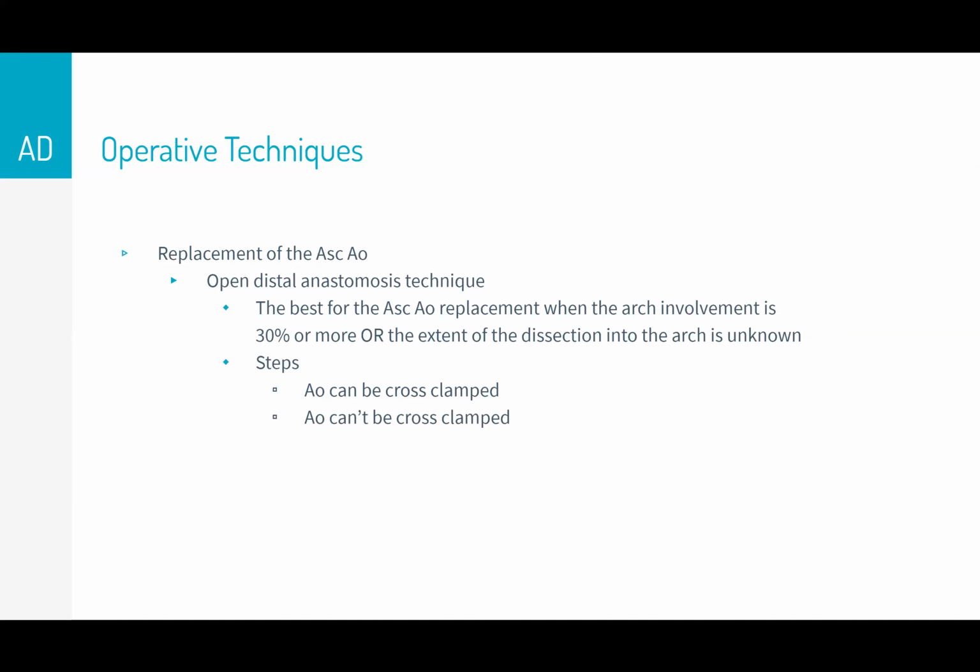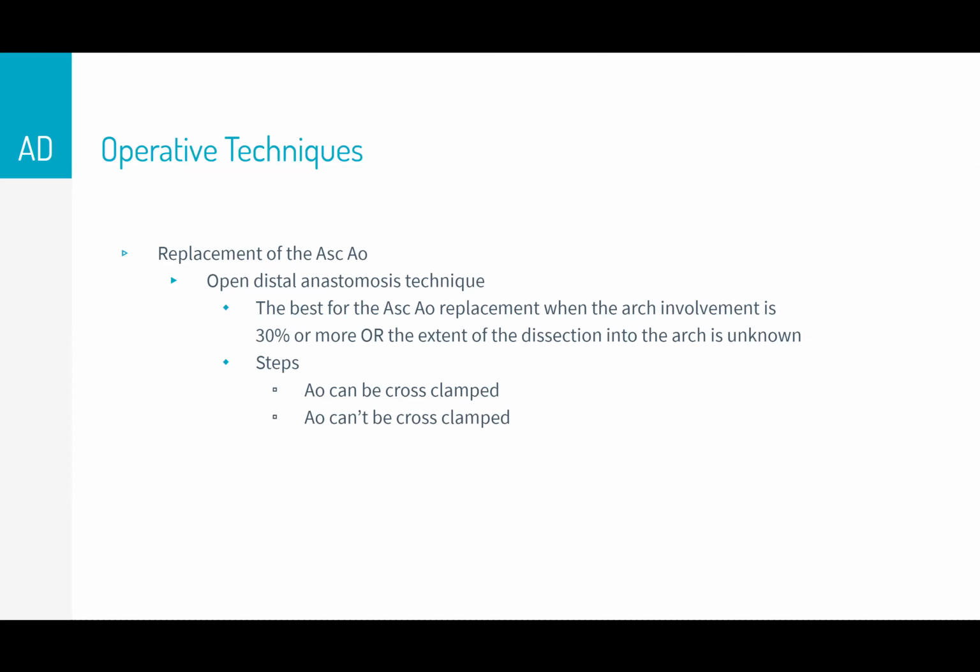The David is when you create new sinuses and the edge of the aortic root graft will be by the annulus of the aortic valve. And the Yacoub is when you fashion sinuses and attach them to the valves without them being attached to the annulus.